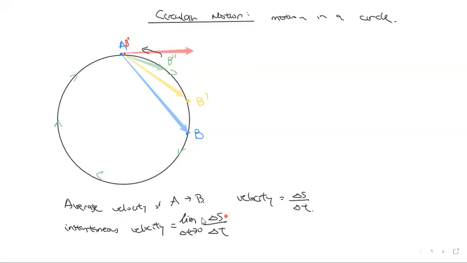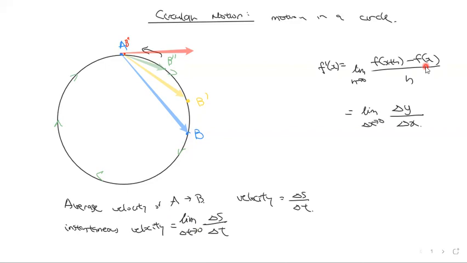Now, you may or may not remember back in year 11 that the definition of a derivative is f of x plus h minus f of x all over h, the limit as h approaches 0, which we can think of as a change in function. So you can think of it as a change in y over a change in x with a limit as the denominator, delta x, approaches 0.